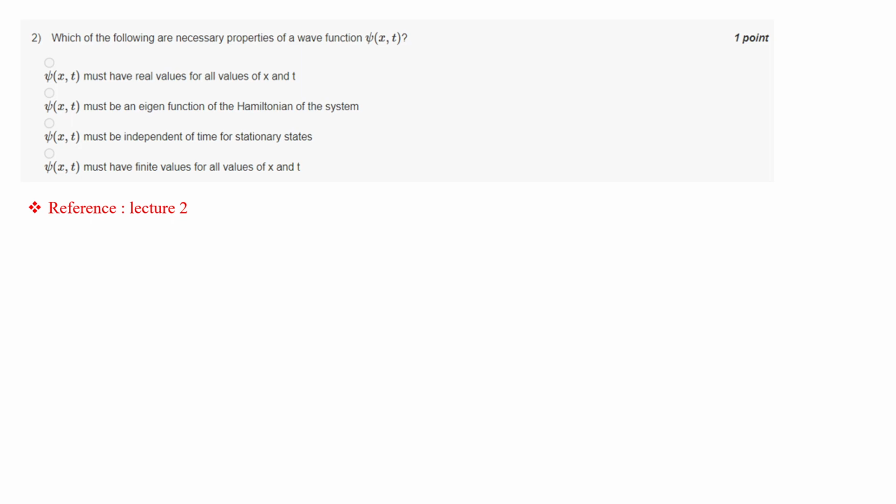That means if there is a wave function psi x comma t, and you multiply this psi with its complex conjugate, then from minus infinity to plus infinity, the integral of psi with psi star x t will give you 1. So this is the main property of the wave function.